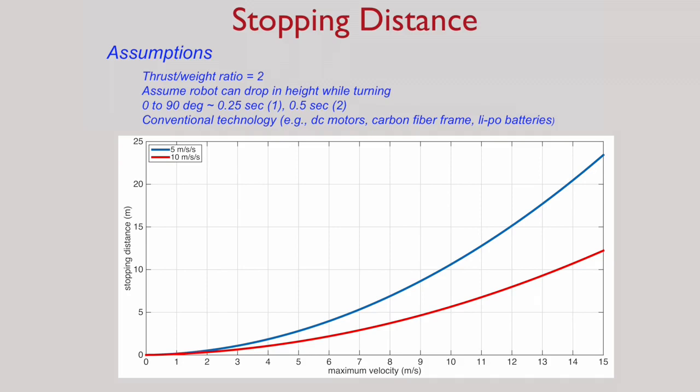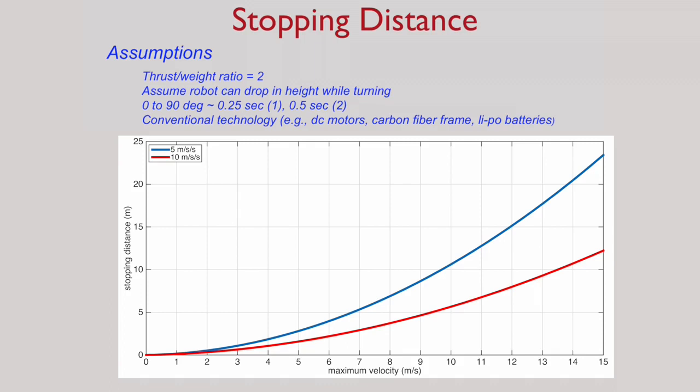And in both cases, we've essentially used a dynamic simulation to create a graph of the stopping distance with respect to the maximum velocity the robot starts off with. So as the robot travels with a larger velocity, the stopping distance increases. And clearly, the higher the ability of the robot to accelerate or decelerate, the smaller the stopping distance.